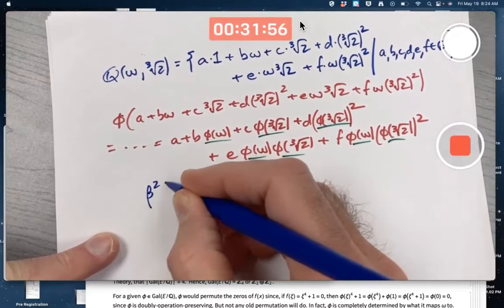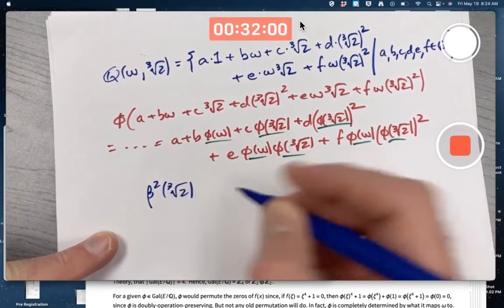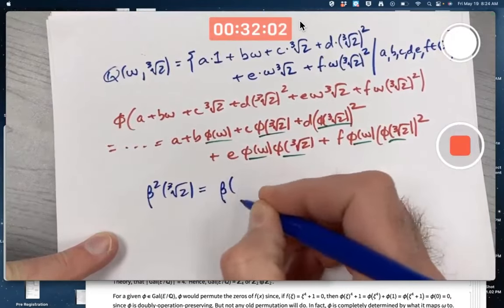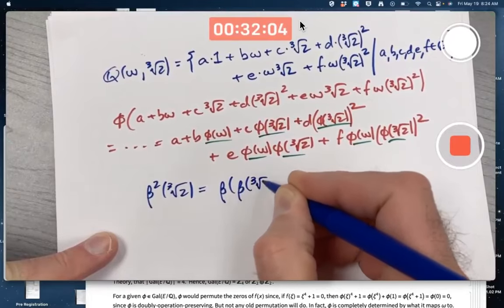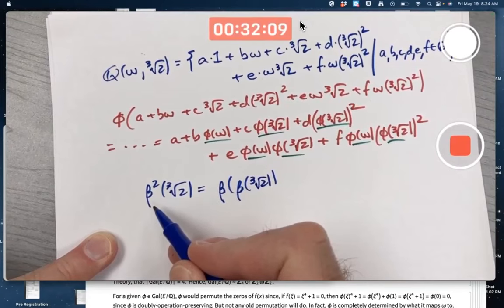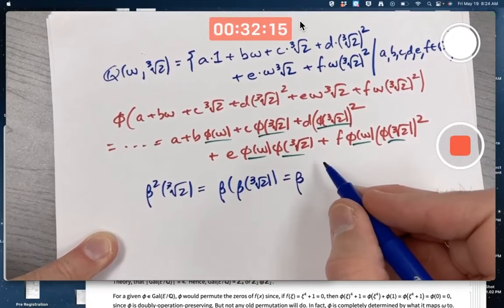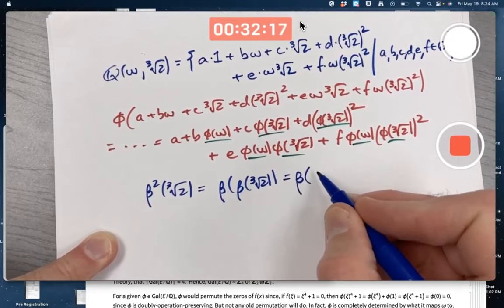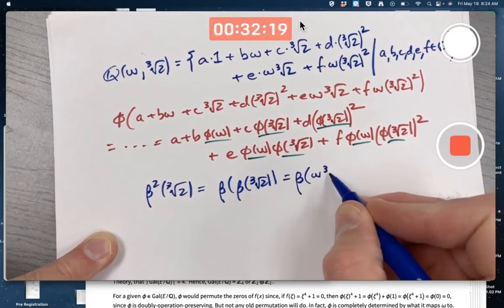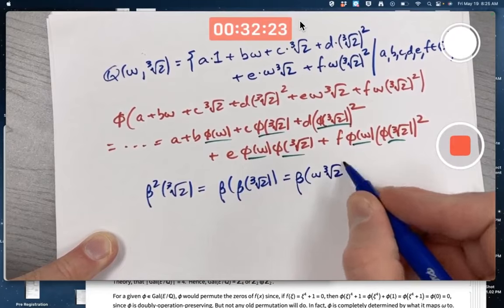Beta squared of cube root of 2 is beta of beta of cube root of 2. This is not a squaring multiplication. It's a function composition. Remind yourself of that. Beta of cube root of 2 is by definition omega times cube root of 2.